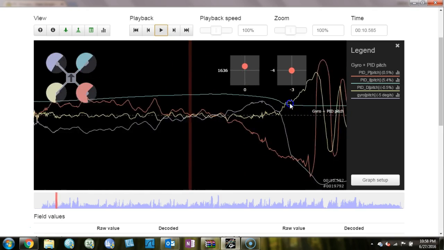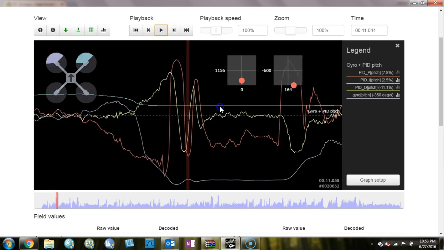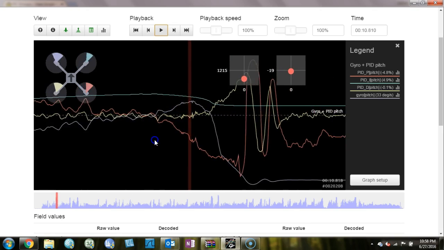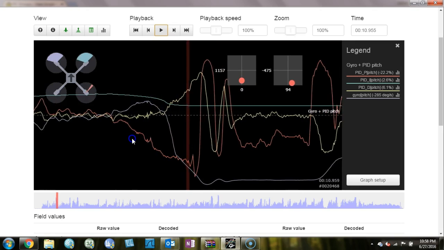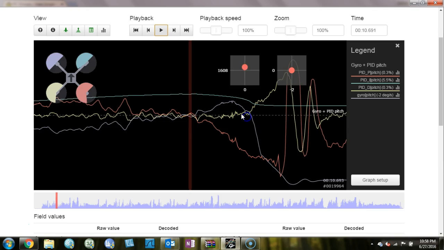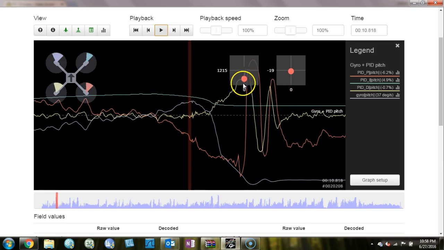So here is a flip, a back flip. We see a strong lowering of the throttle and moving into the move here. The P term goes negative, pushing the copter into the move. The gyro goes negative. It is interesting that as you drop the throttle, see here you've dropped the throttle, but you just now started to pull the stick back.